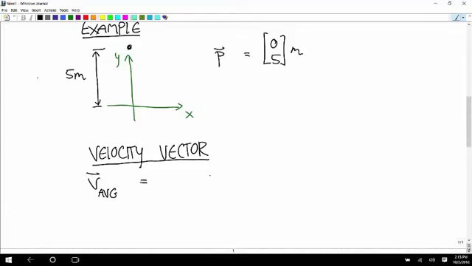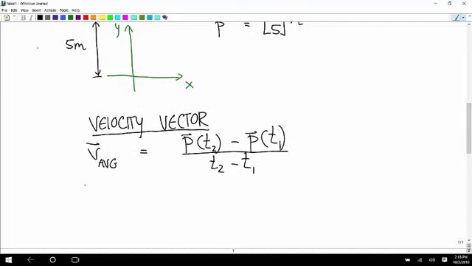It's equal to the position at the later instant, and now that position is a vector, minus the position at the earlier instant, and that position's a vector, divided by T2 minus T1. So that definition looks exactly the same, except vector quantities are vector quantities now.